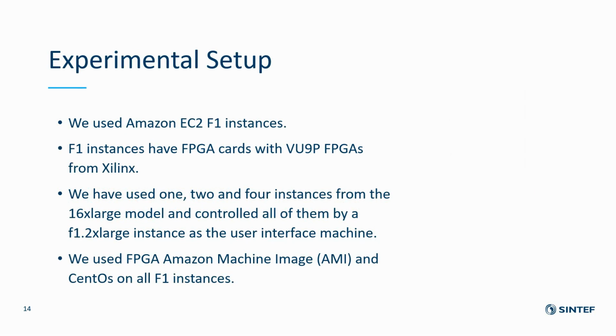The experimental setup, as we said before, is Amazon EC2 F1 with VU9P FPGAs, and we used 16x large, because you have 2x large, 4x large, and 16x, and we used the biggest one, but with different numbers of FPGAs.